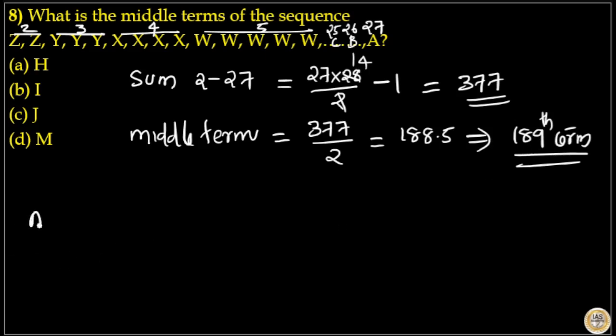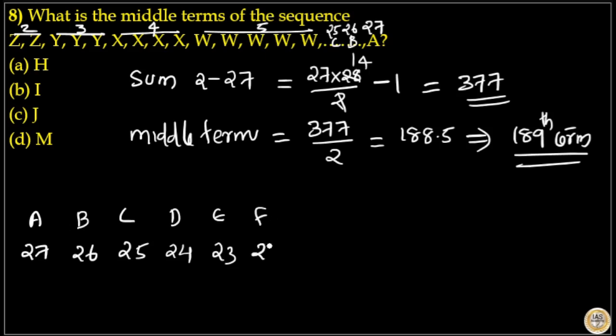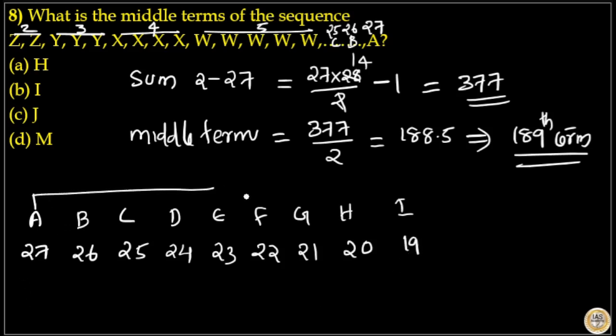So first I will take the reverse order. A repeats 27 times, B repeats 26 times, C repeats 25 times, D repeats 24 times, E repeats 23 times, F repeats 22 times, G repeats 21 times, H repeats 20 times, and I repeats 19 times. Here you can see A to H terms, total 8 sequences, and sum of 20 to 27.